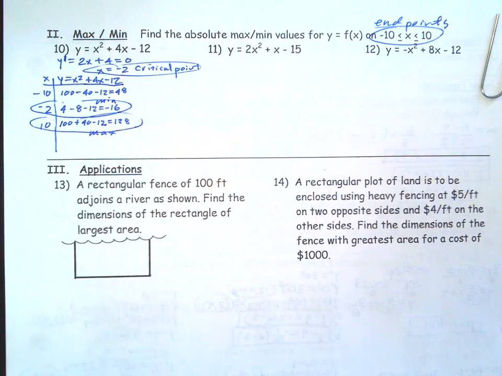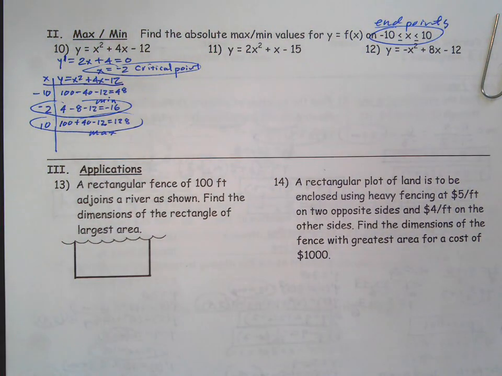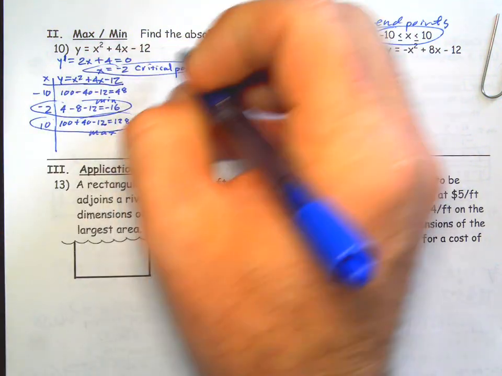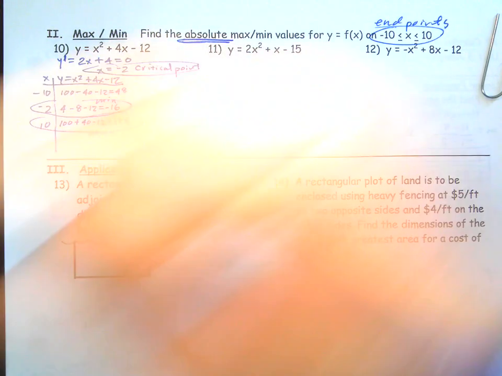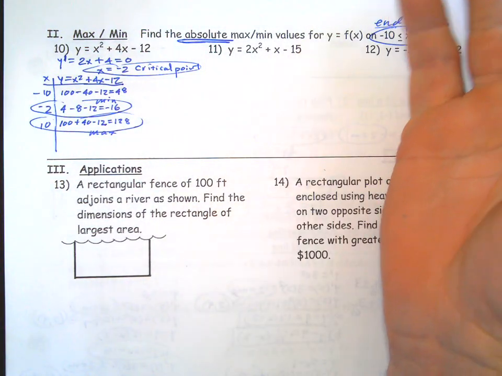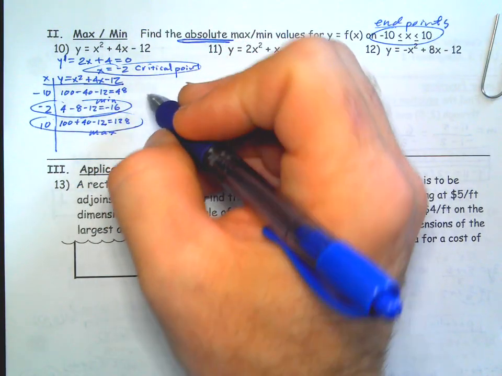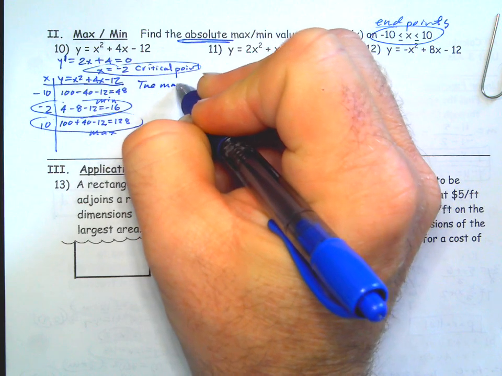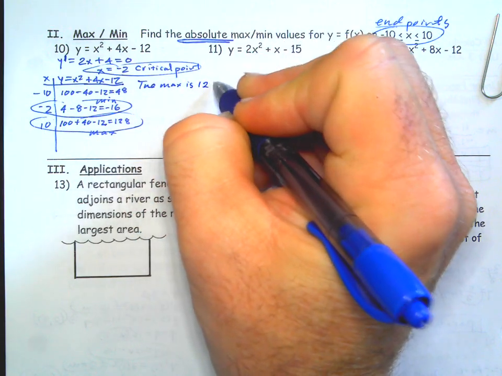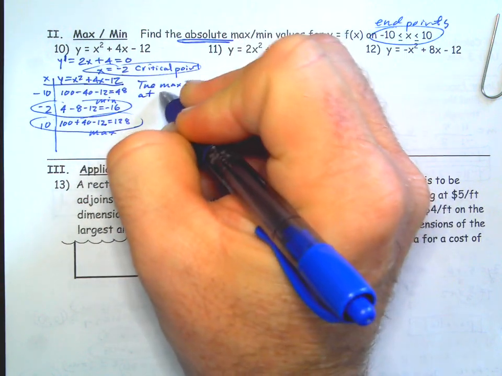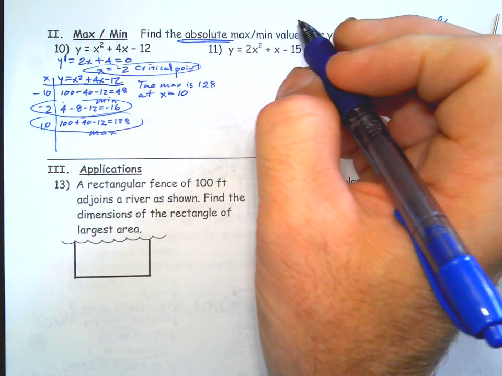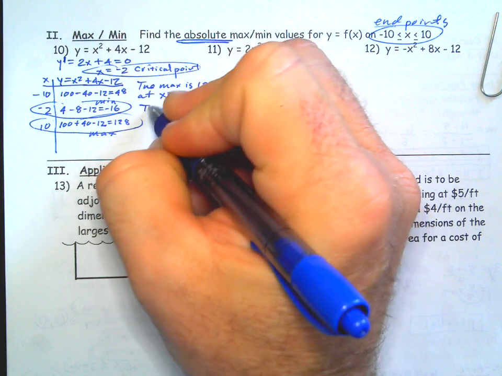And when we write these answers, I want them written like this. These are absolute. If you don't see the word absolute, that means absolute still. So we say the max is 128 at x equals 10. And we can lump these together.